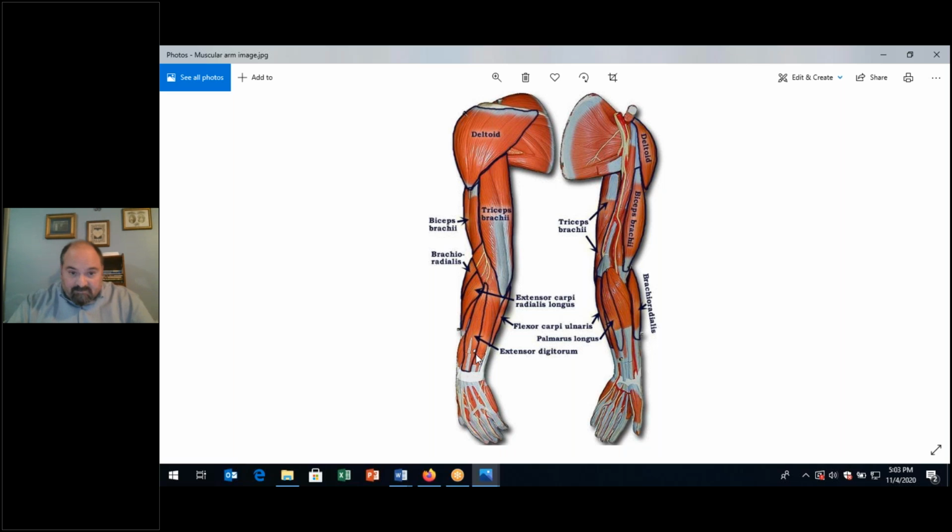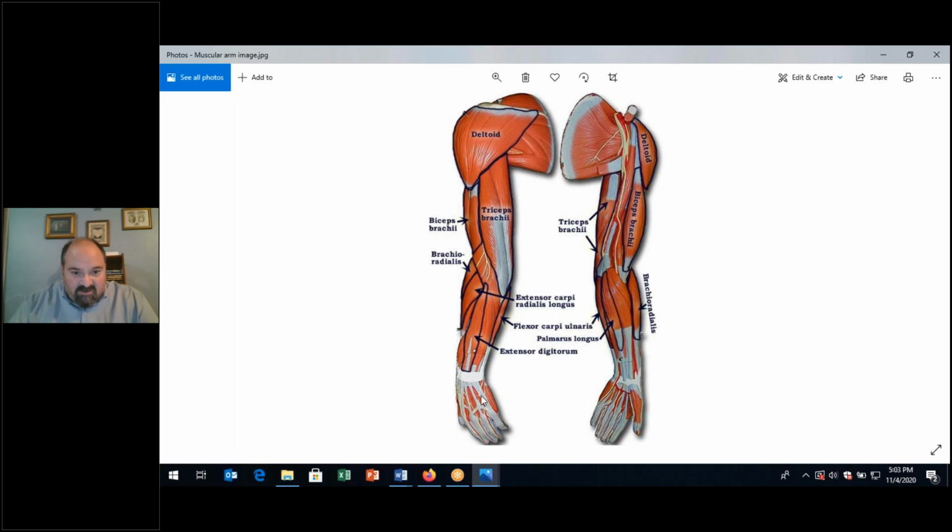Then you're going to go to extensor digitorum right here, adjacent to those muscles. And then you're going to have extensor digiti minimi, which is really just a muscle and a tendon adjacent to extensor digitorum. And then you have the extensor carpi ulnaris, which would be adjacent here.